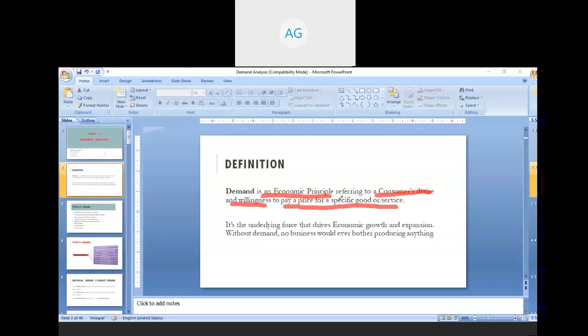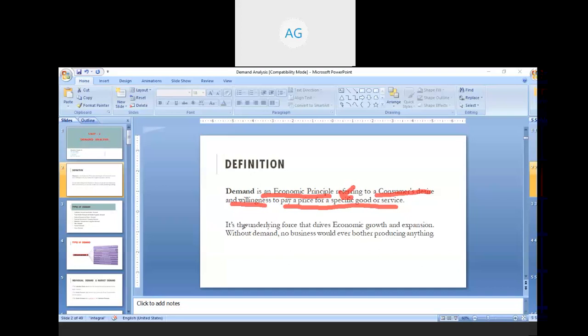Demand comes from the consumer, and whatever is demanded by the consumer must be paid for at the price of that good or service. As in the definition, note the word specific. Whatever specific demand has been given by the consumer must be paid for.